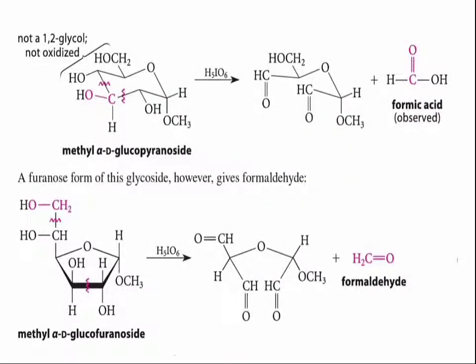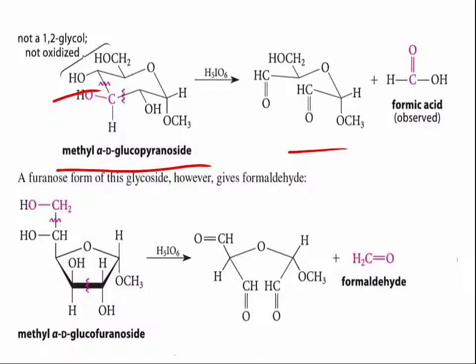Now see this one. You are oxidizing the methyl alpha D glucopyranoside. You are getting this one and this one molecule. This bond and this bond are being broken, but not these two. These two cannot be oxidized because they are not a cis diol. Sorry, not cis actually.